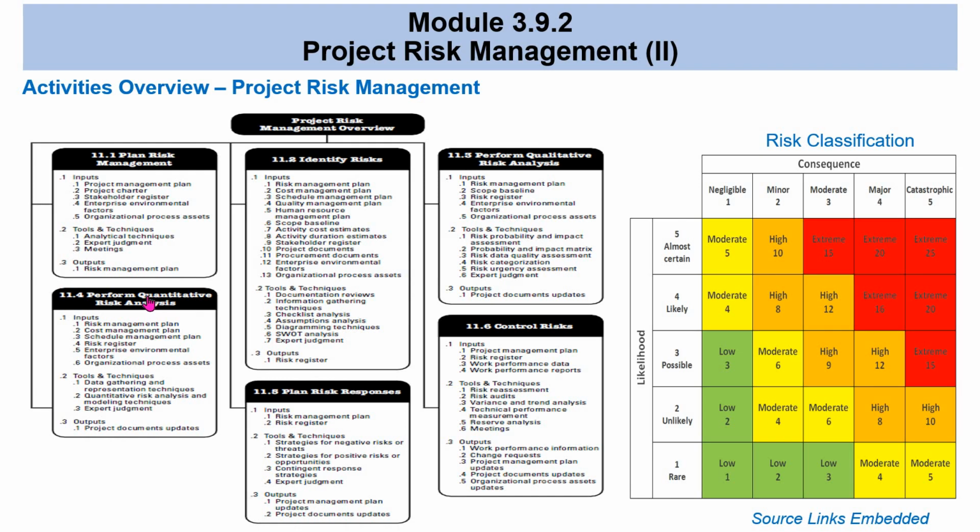And of course, you can do the quantitative risk analysis, which uses statistical processes like in Lean and Six Sigma, to manage those risks in order to come to the right quality. And then you plan the risk response based on the analysis you've done. And then you can control them in the way you would prefer.